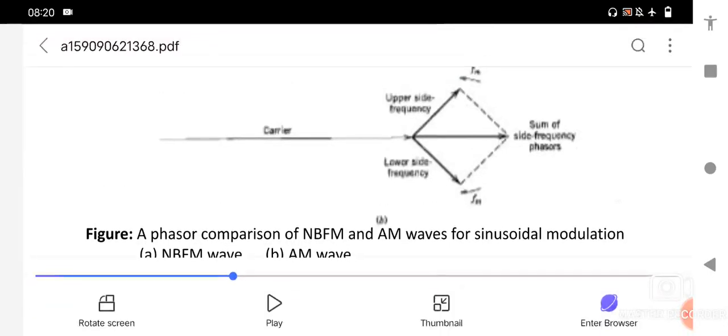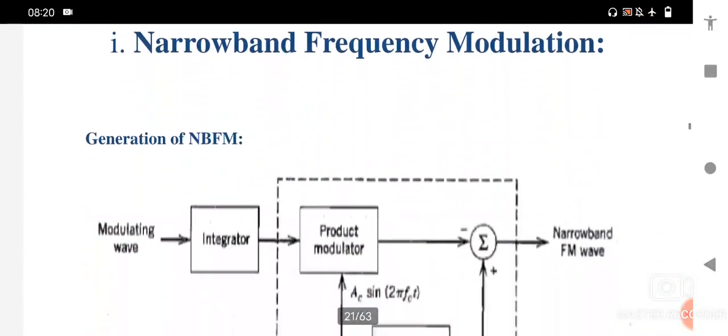Here we have taken the upper side frequency and lower side frequency, and the sum of side frequencies, that is the carrier frequency. So the carrier phasor is always in phase with the amplitude modulated wave. This is about the narrowband FM wave and amplitude modulated wave phasor comparison.